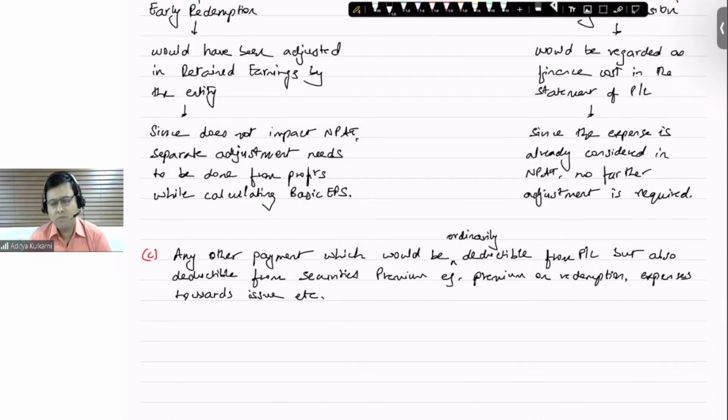These are also going to be considered as deductions from P&L if it has not happened previously.